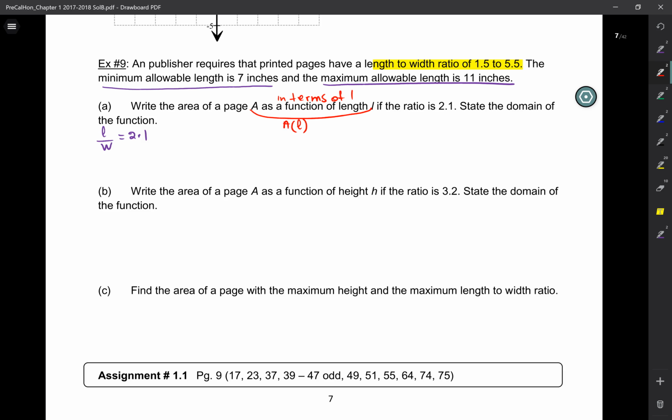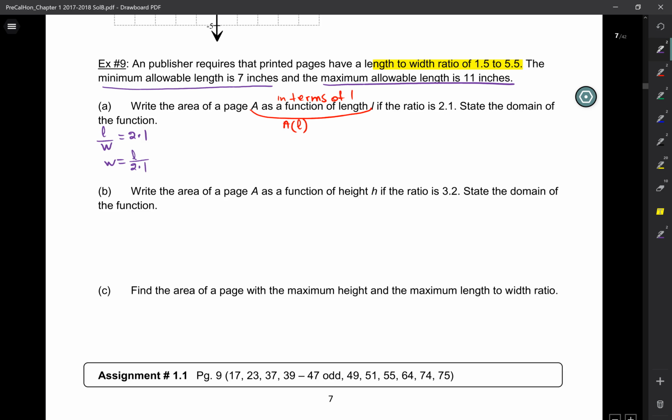No, this is the ratio. The length to width ratio is 2.1. So W is what? L over 2.1. Okay?